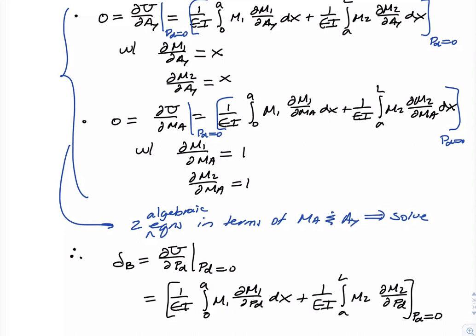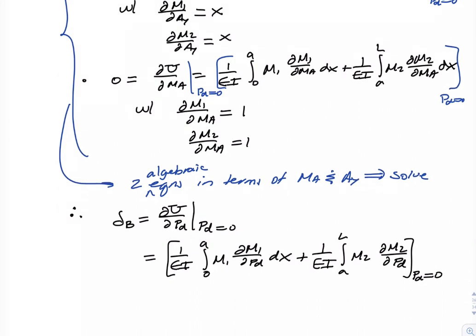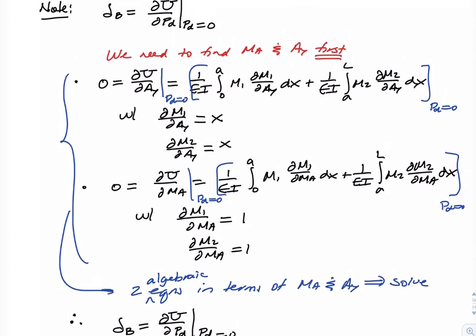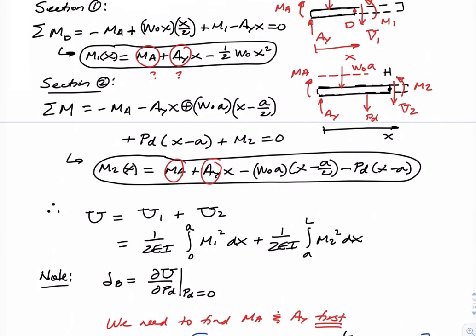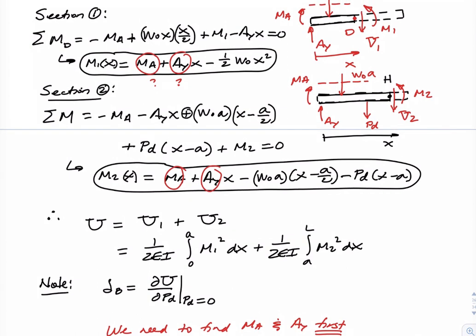So what does partial M1 with respect to PD look like? Partial M1 with respect to PD is 0.